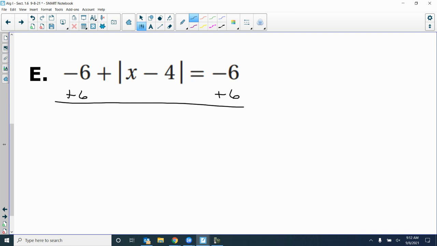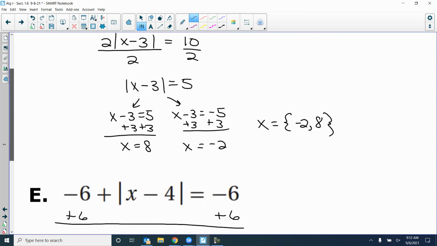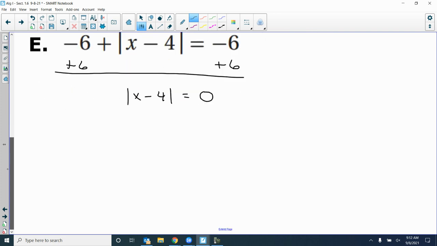What's that? Gives me a 0, but what do I write over here? I still put my absolute value of x minus 4 equals 0. Is that a negative? No, still going to work. Now, we've always done up here, if it was a positive number, we broke it down into positive 5 and negative 5. Does it make sense to break it into positive 0 and negative 0?